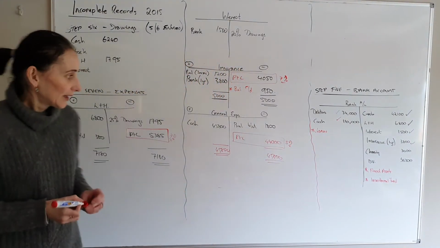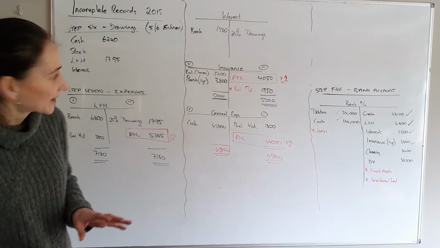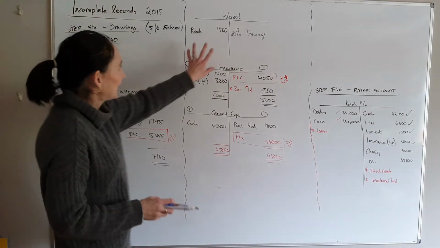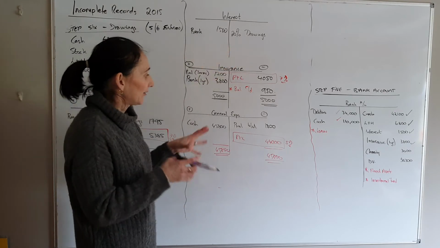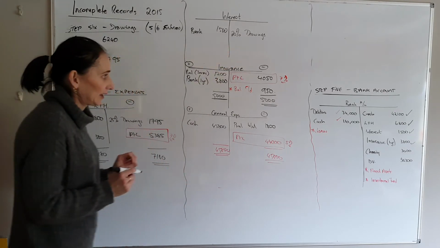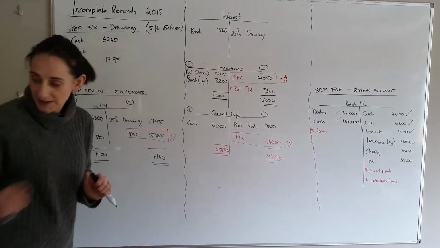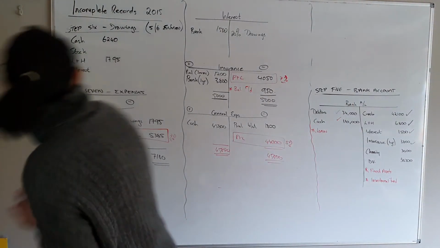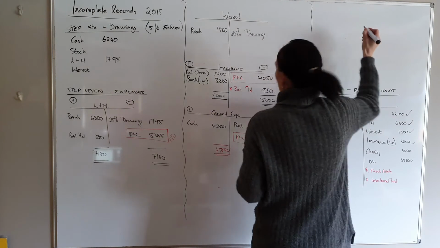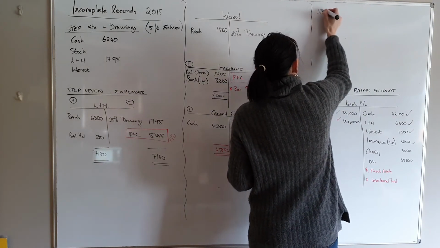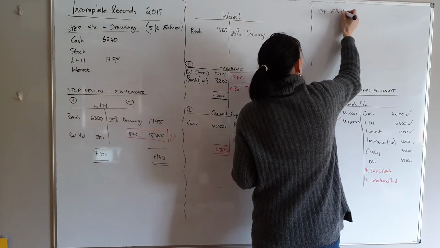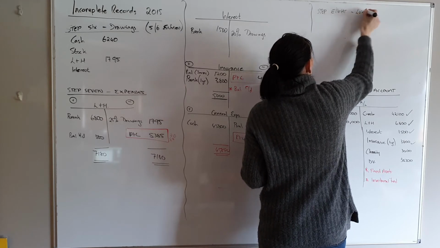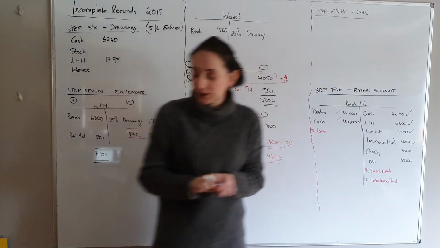Okay. Now let's look at the one expense that I haven't done there. I haven't done the interest. And the reason I haven't done the interest, I need to tie that in with working number 8. Okay, so I'm going to put working 8. Let's see if I can fit it up here. Okay, so step 8, the loan. Okay, so we need to have a look at that loan.